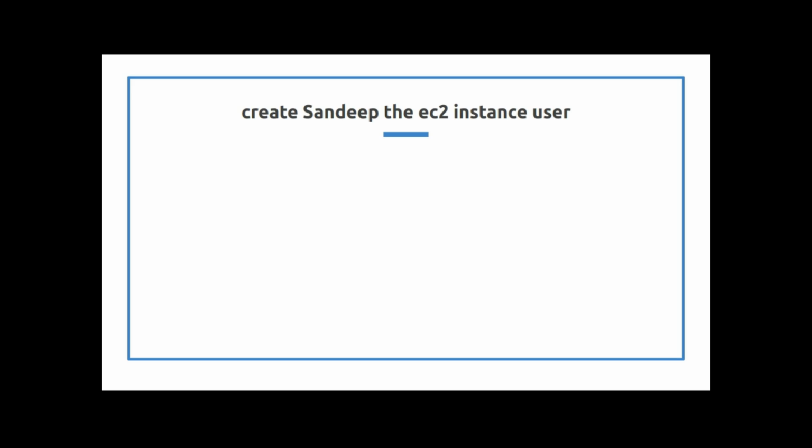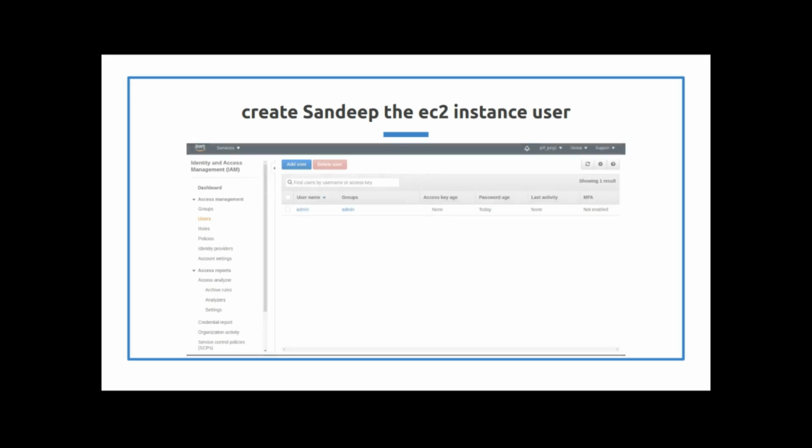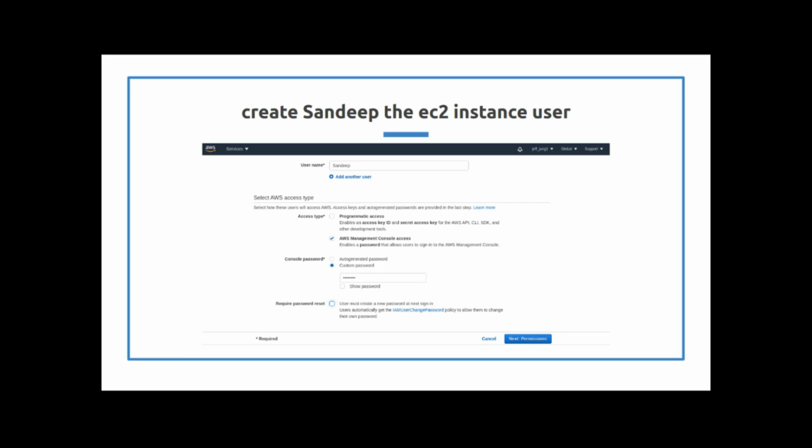So now let's make the user that is able to see EC2 instances. So again, go to the IAM tab, go to users, click add user, fill out the name. In this case, his name's Sandeep, and then put custom password.